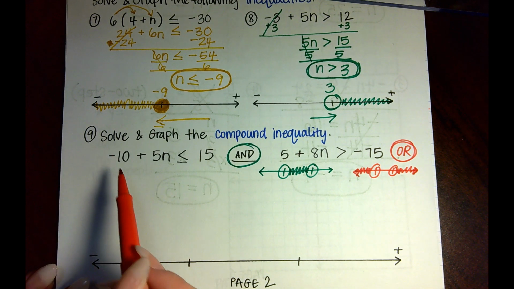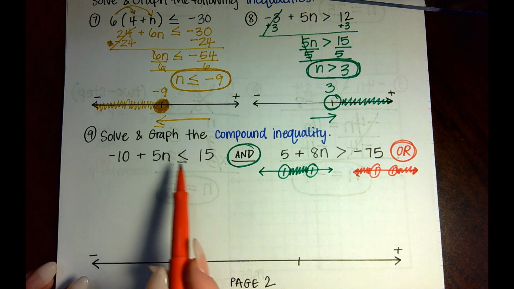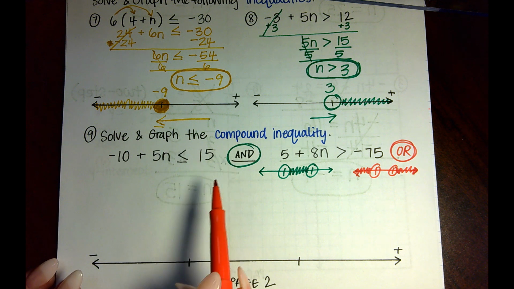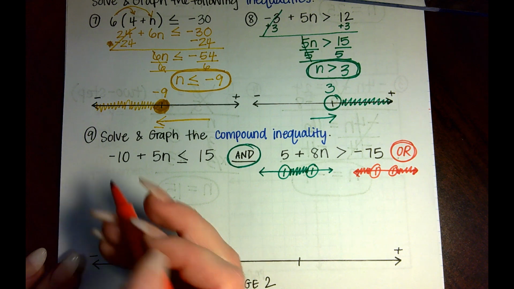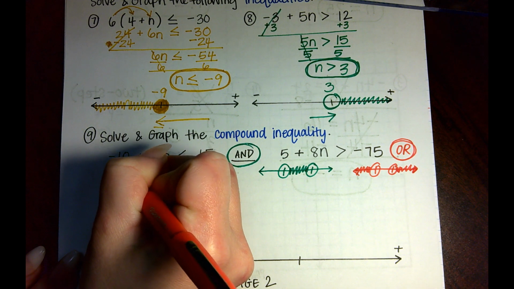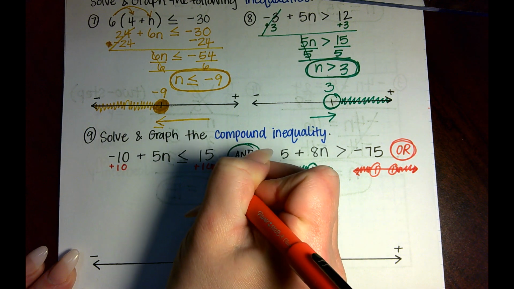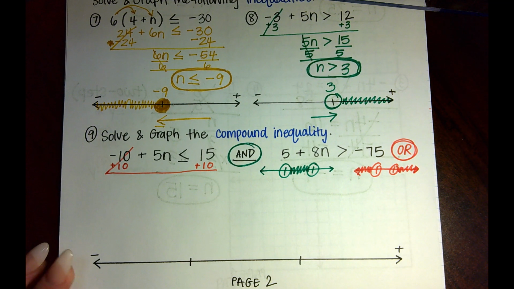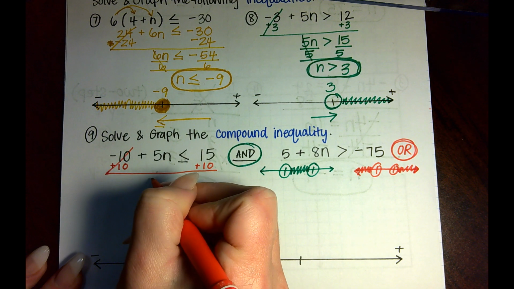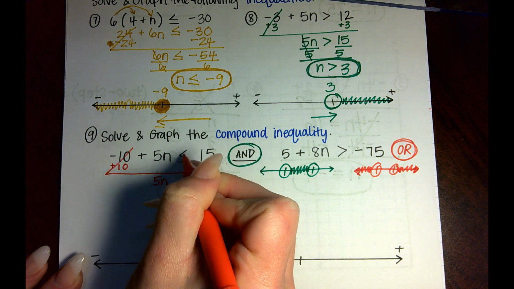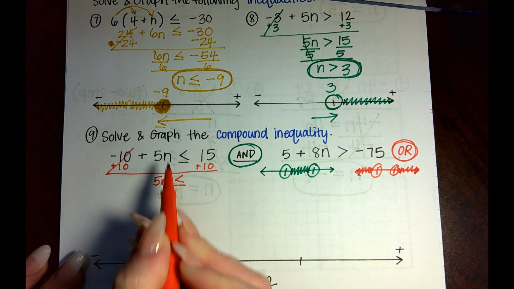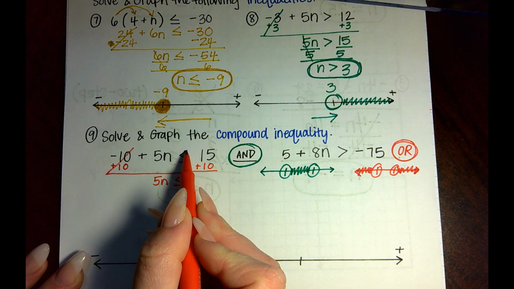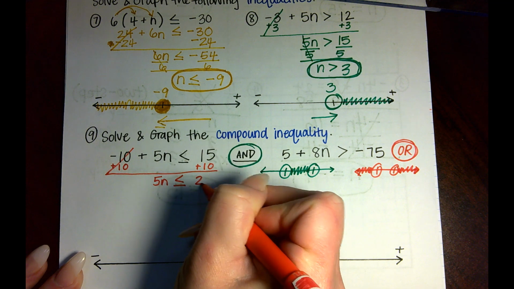I have my first inequality, negative 10 plus 5n is less than or equal to 15. Let's add 10 to each side. The 10s cancel, and 5n is less than or equal to 25.